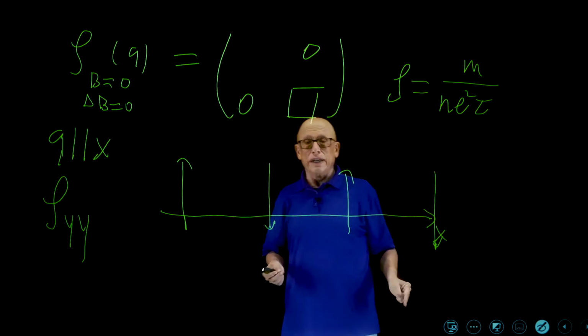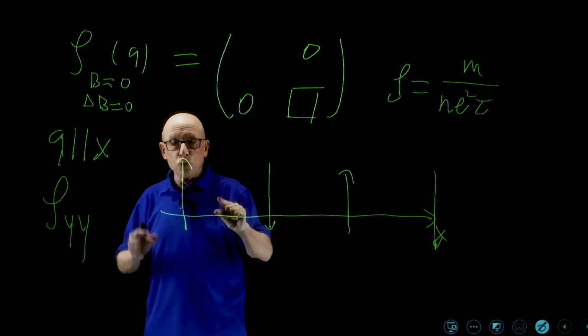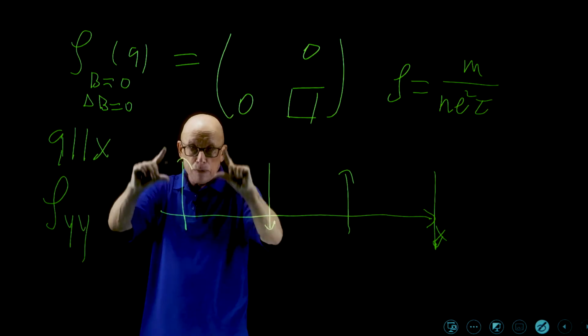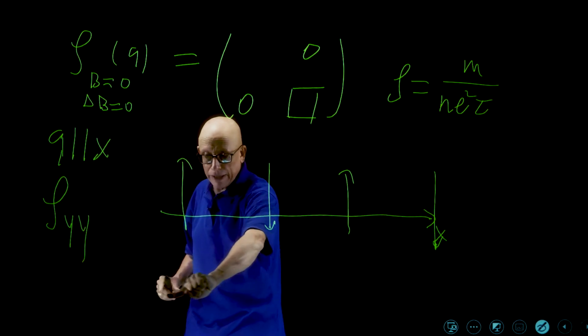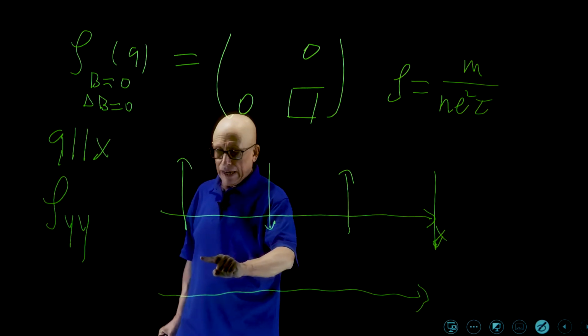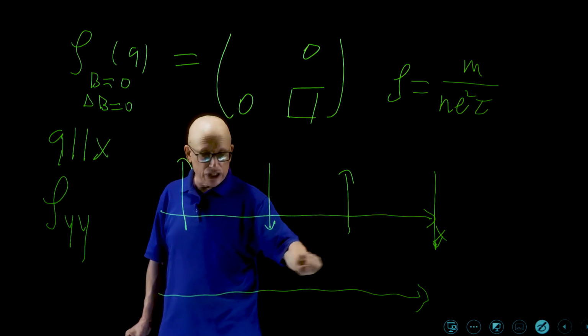I'm going to prepare this current pattern at time equals 0, and I'm going to ask how long does it take to decay. How do I prepare such a current? I need to take the Fermi surface at this point and shift it in momentum space slightly upward. So let me draw the Fermi surface here as a function of x.